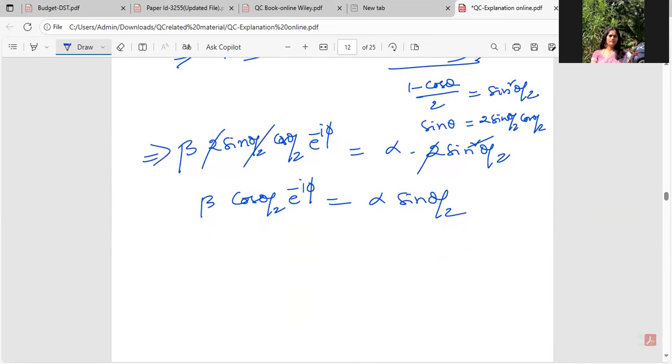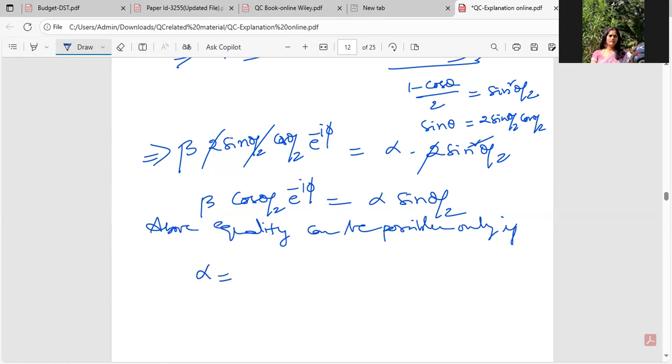Above equality can be possible only if alpha is equal to e power minus i phi cos theta by 2 and beta is equal to sine theta by 2.